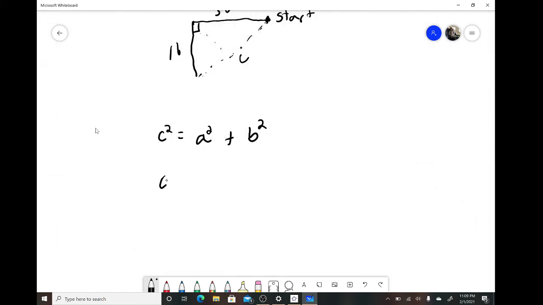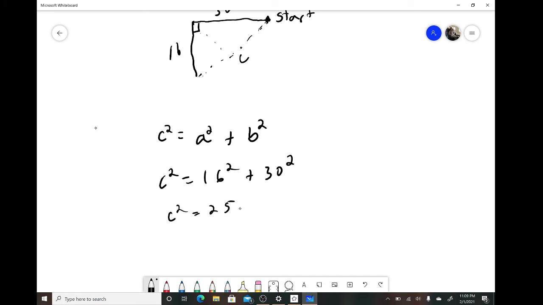So we have that c squared equals 16 squared plus 30 squared. All right, so now we have 16 squared, which will be what? 256?